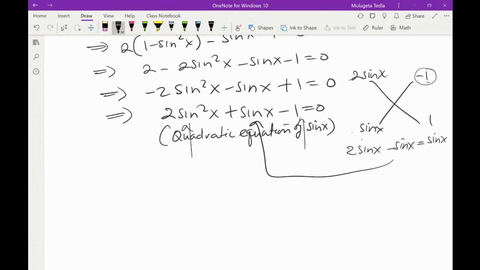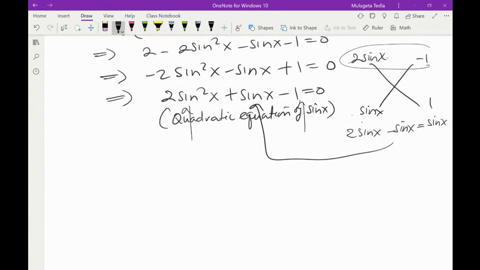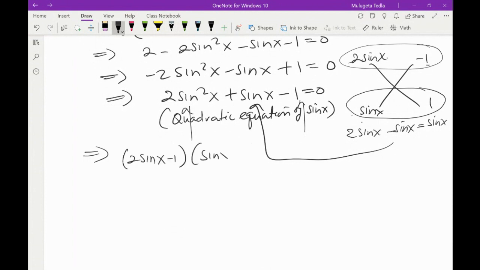So your writing is very important. If the cross products added together give you the middle term, then the factorization is working. Then you write them across as 2 sine x minus 1 times sine x plus 1 equal to 0.